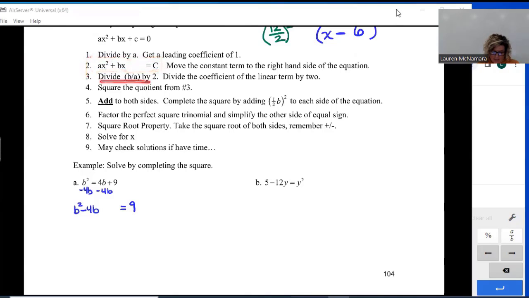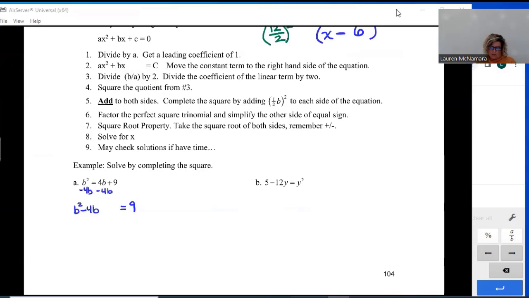All right, so now my equation looks like this. Now I'm going to take my middle term and divide it by 2, then square it.